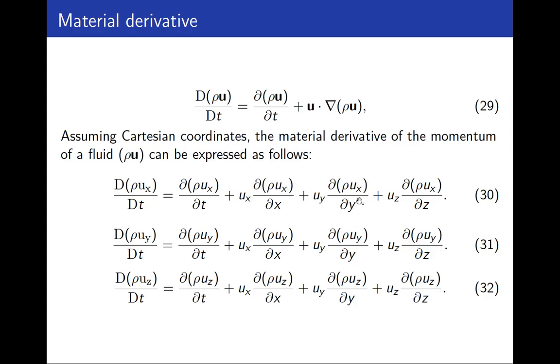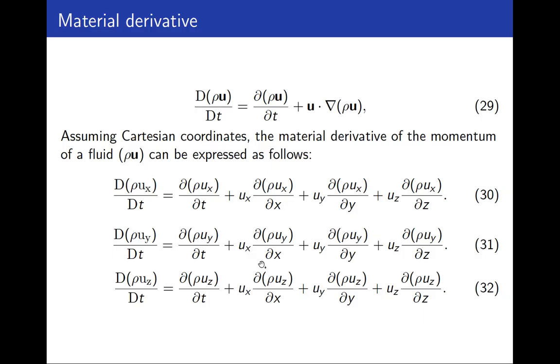But here you can notice that it's slightly different, so the physical meaning is different. We are studying how the velocity in the x direction varies in the y direction as the fluid moves in the y direction. And here we have something similar but different: how the velocity in the x direction changes in the z direction as the fluid moves in the z direction. This is the physical meaning of the derivatives.